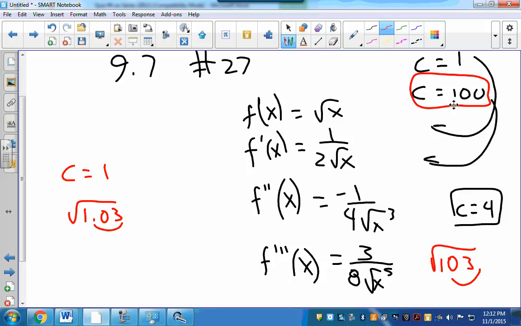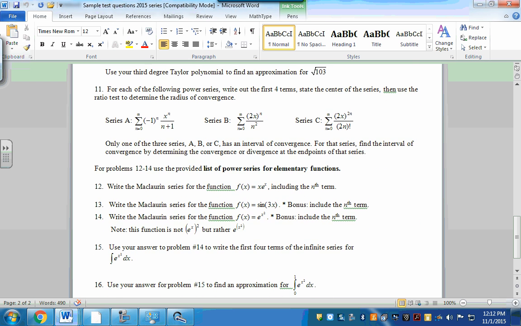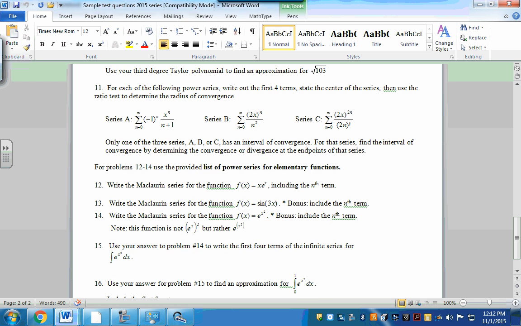Okay, for the power series, again, look at your sample test. You needed to write out the first few terms, tell me the center, use a ratio test to determine the radius, and one of them has an interval of convergence.